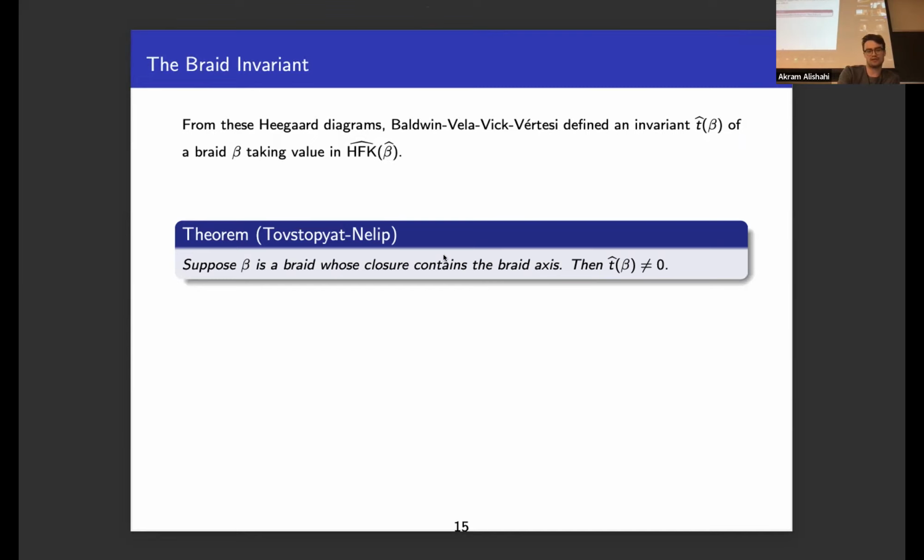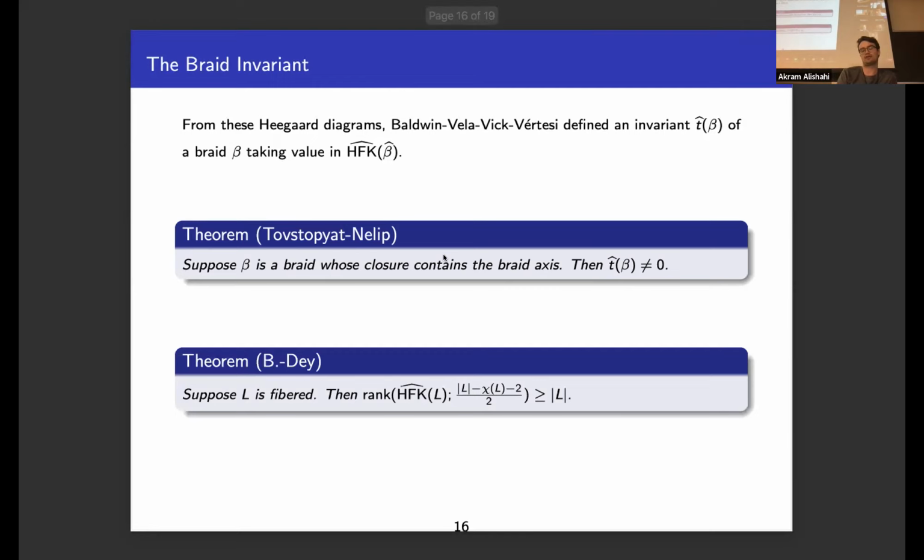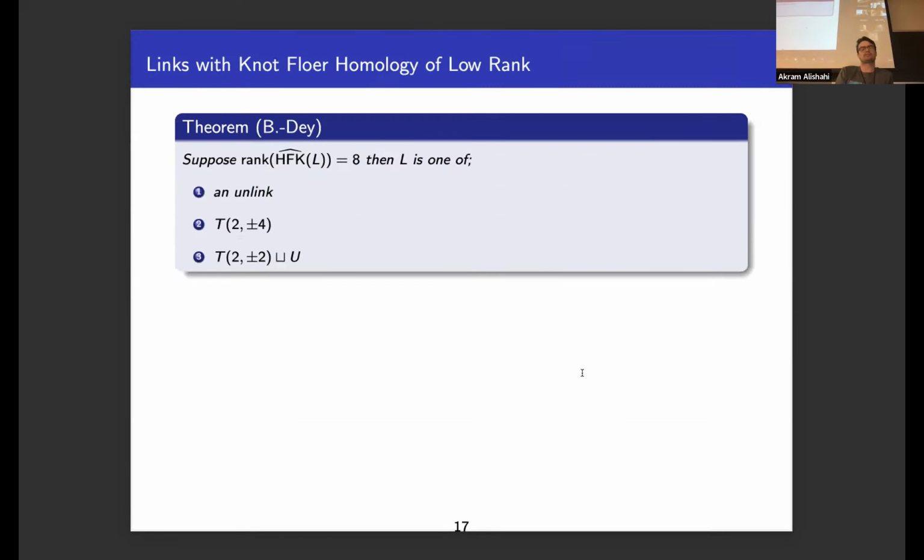With Lev's result, we can produce another collection of generators. In particular, from Lev's generator we can find another L distinct generators. This is our key tool in proving the following result for knot Floer homology: we can find all links with knot Floer homology of rank 8.